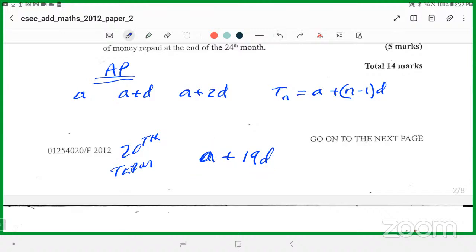You get what I'm saying? It's A plus 19D. I'm saying the 20th term is reached by adding D 19 times to the first term. That's how we get to the 20th term.